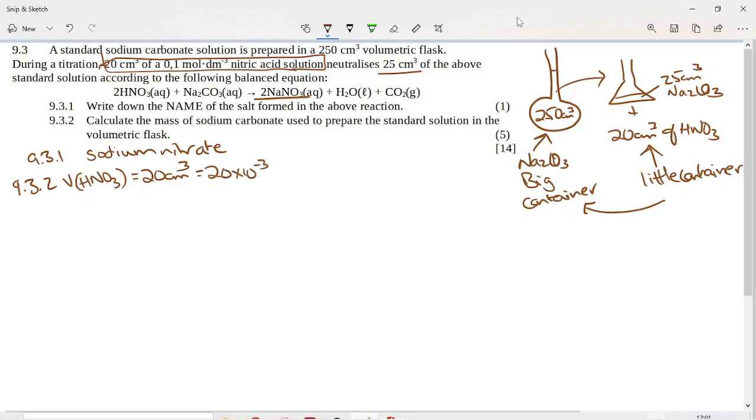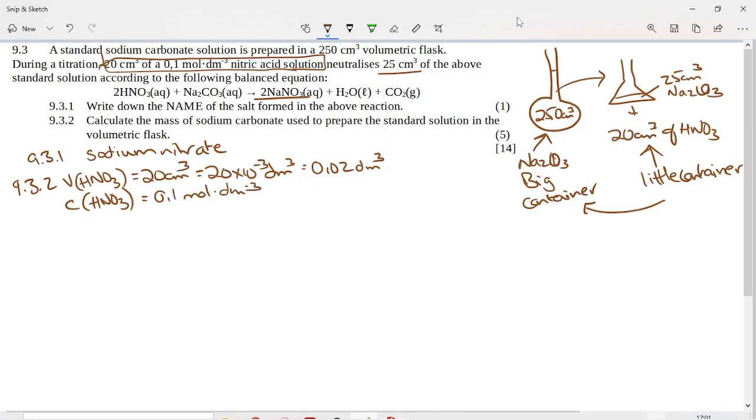We're dividing by 1,000 to convert cubic centimeters to cubic decimeters, which is 0.02 cubic decimeters. No cubic centimeters in these equations, only cubic decimeters, and there are 1,000 cubic centimeters in a cubic decimeter. So now my concentration of the nitric acid is 0.1 moles per cubic decimeter.